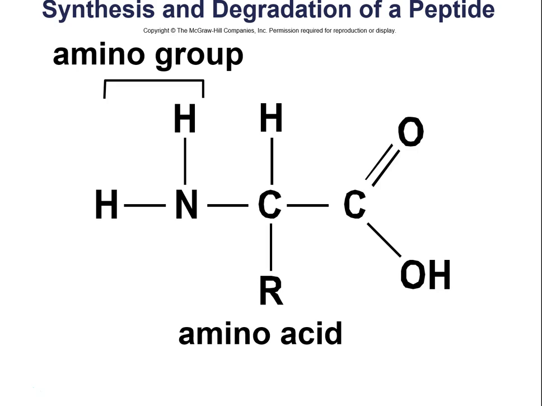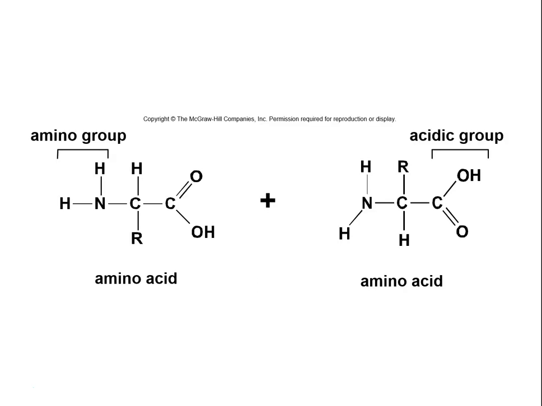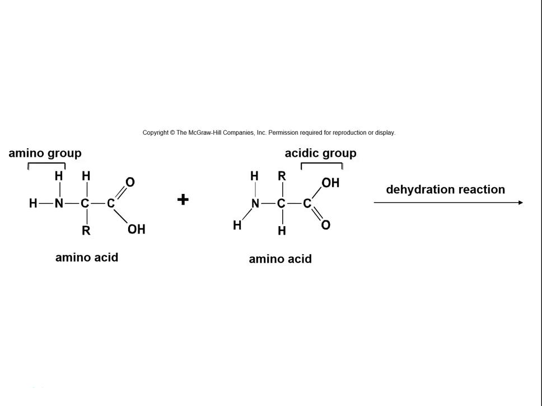All right, if we talk about synthesis and degradation, same reactions we've been talking about before. We're talking about polypeptides, proteins, it's two amino acids joining together. So here you go, dehydration reaction. Peptide bond forms between these two amino acids. You lose water in the process, dehydration.